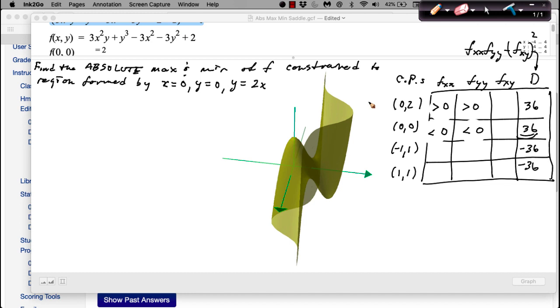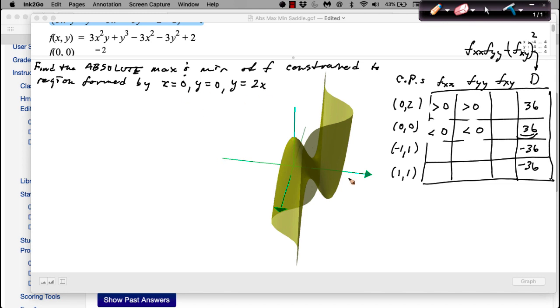Okay, so now I'm not going to let this thing go infinitely in all directions. I'm going to constrain my independent variables to only be ordered pairs that fall within this region that has boundary x equals 0, y equals 0, y equals 2x. And for all those x, y ordered pairs, I want to find the highest possible z value and the lowest possible z value.